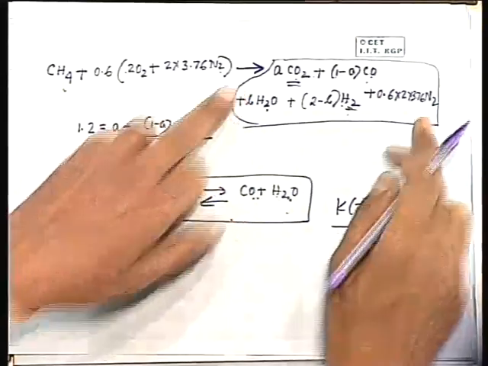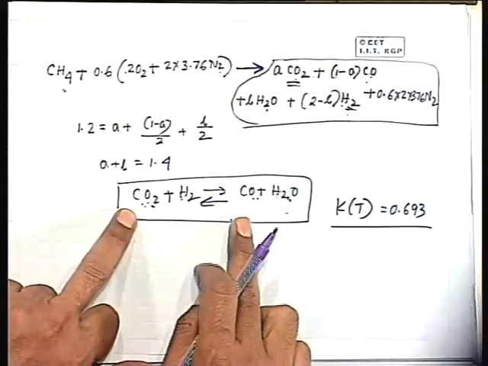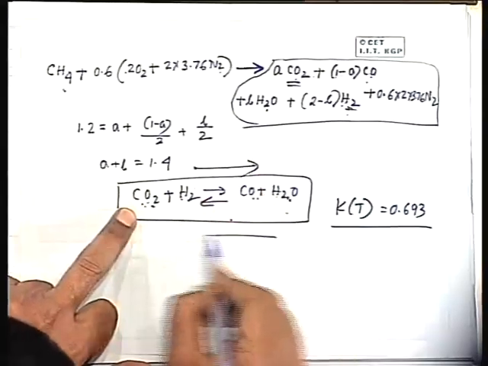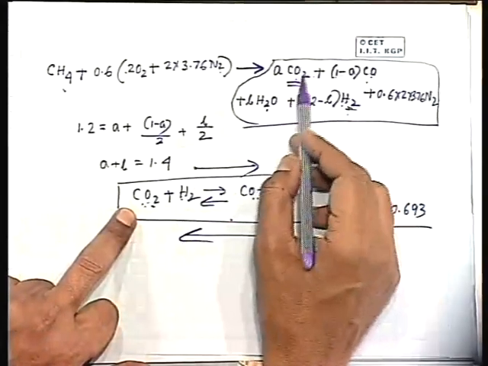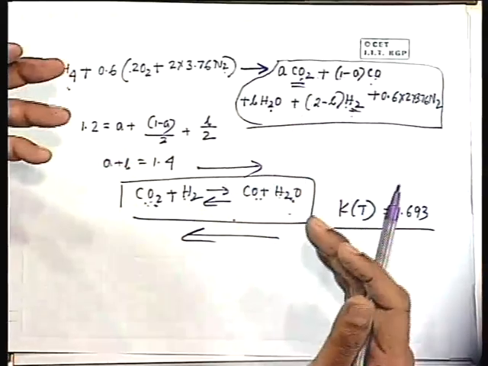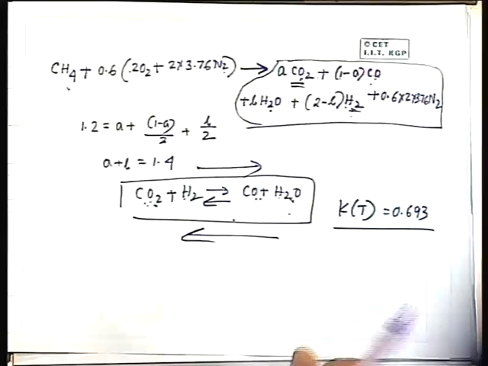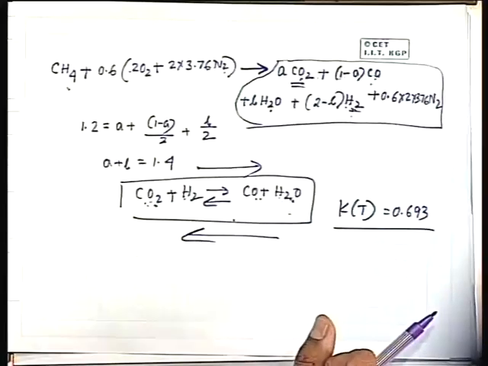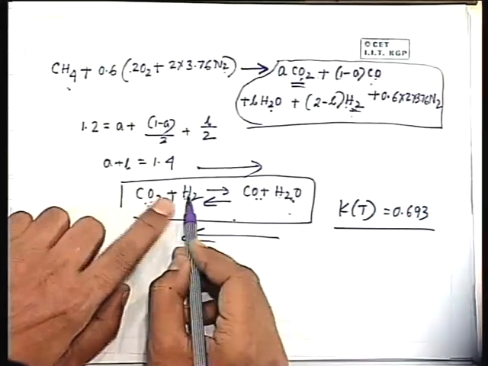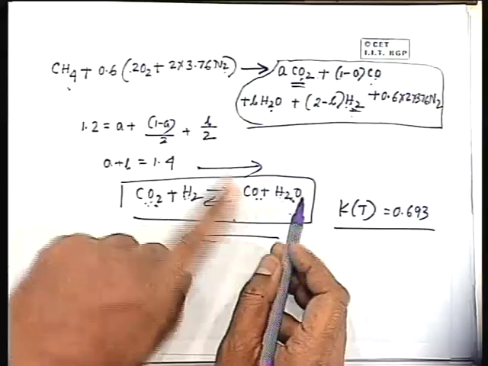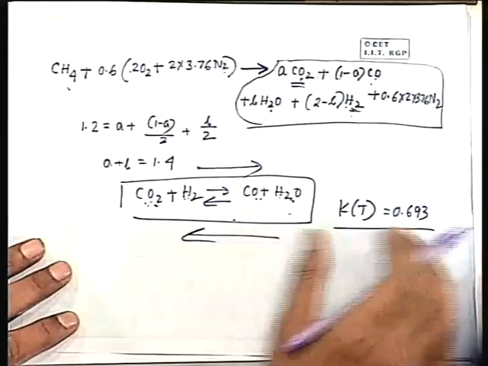This is because in the product this reaction is possible. If this reaction could have taken place in a net in one of the directions, then the constituents CO2, H2, CO, H2O could go on changing, not one. So if it is going in this direction, these are depleted, these are produced, increased, and vice versa. But this is in equilibrium.